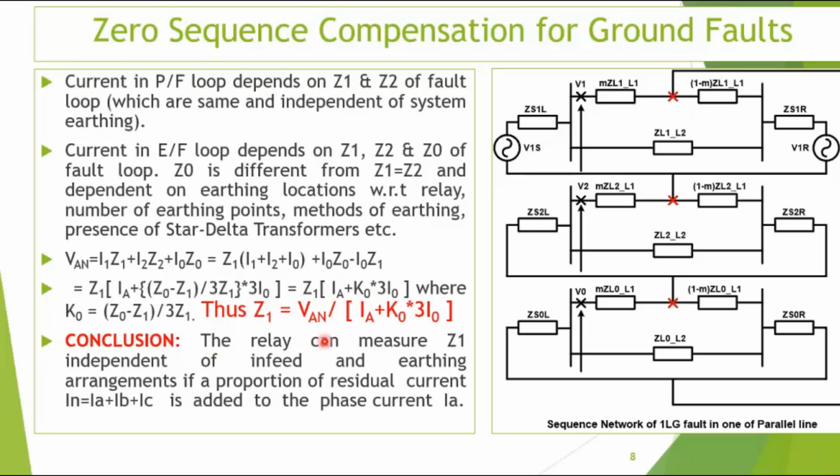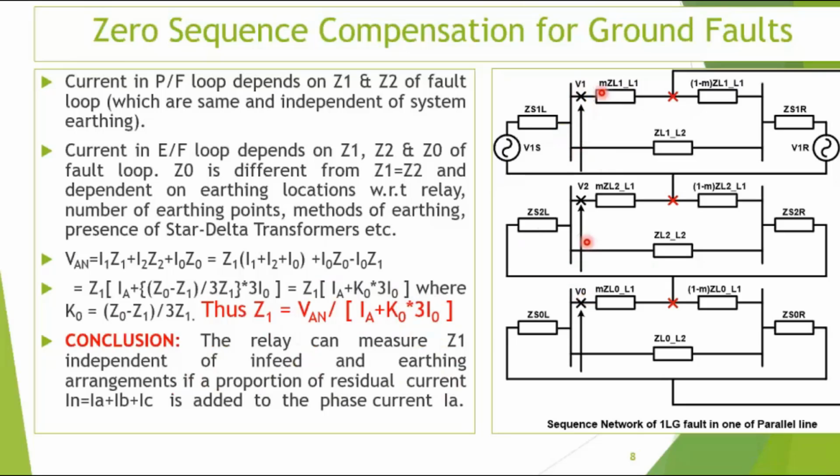Conclusion. The relay can measure Z1 independent of source impedance and everything else if a proportion of residual current, this 3I0 which will flow through this point, is multiplied by K0 and added up to the phase current.